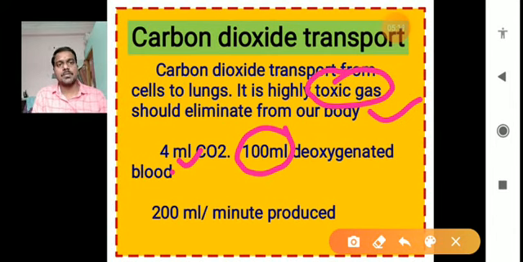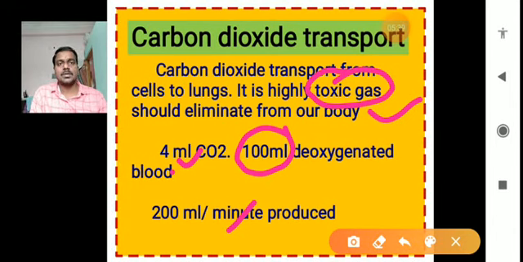At the same time, every minute 200 ml of carbon dioxide is produced in the blood. So carbon dioxide is produced rapidly every minute, but in our blood, in 100 ml, only 4 ml is present.